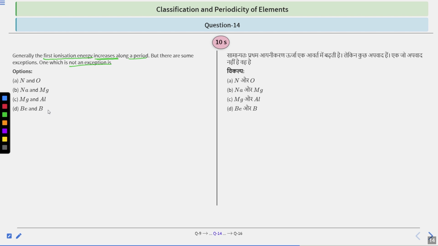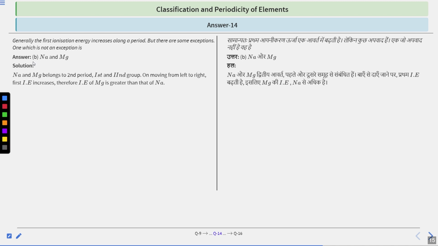You have 10 seconds to solve this question. After that, we will see the correct answer. Okay, let's see. The correct answer is option B, that is sodium and magnesium.